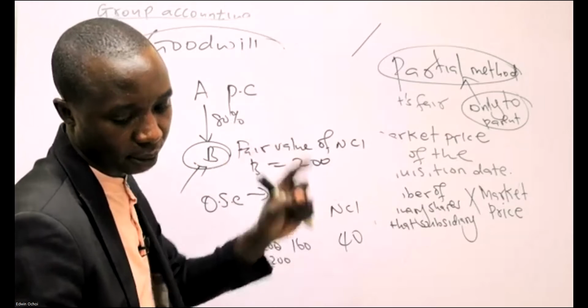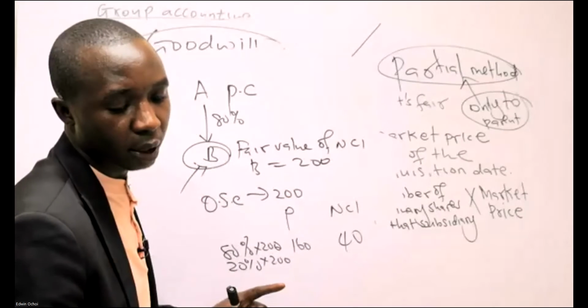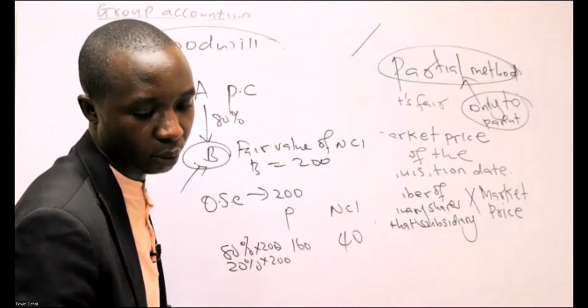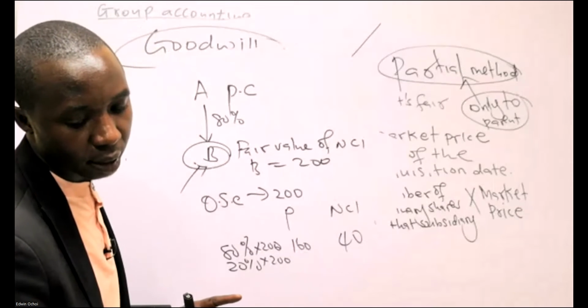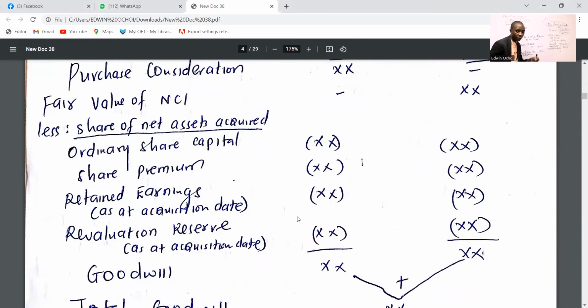With more emphasis on two items. Which are these two items you need to emphasize more? The retained earnings and the revaluation reserve. The figures you are supposed to use are those as at the acquisition date of that relevant investee company.